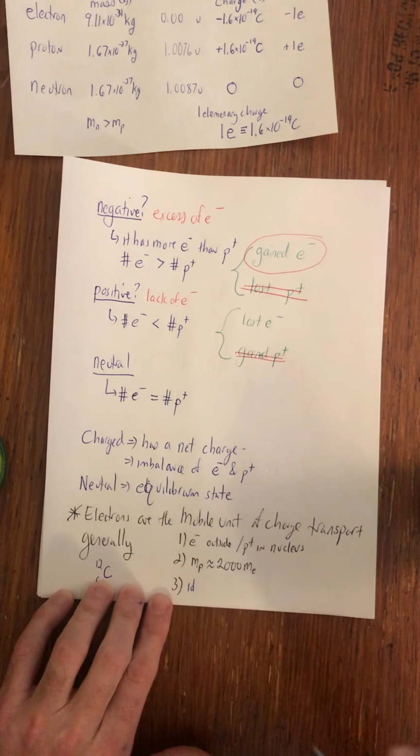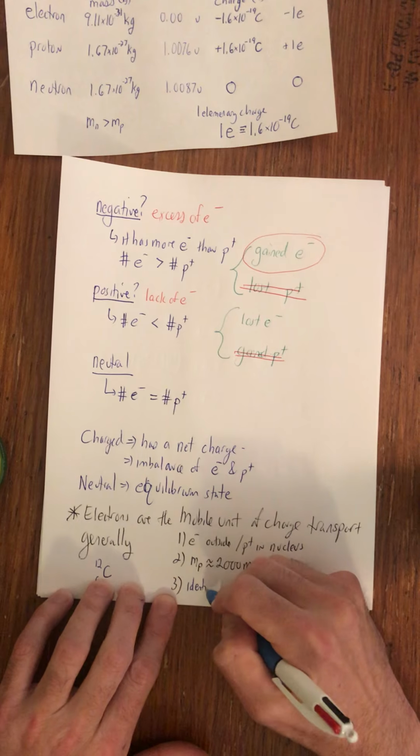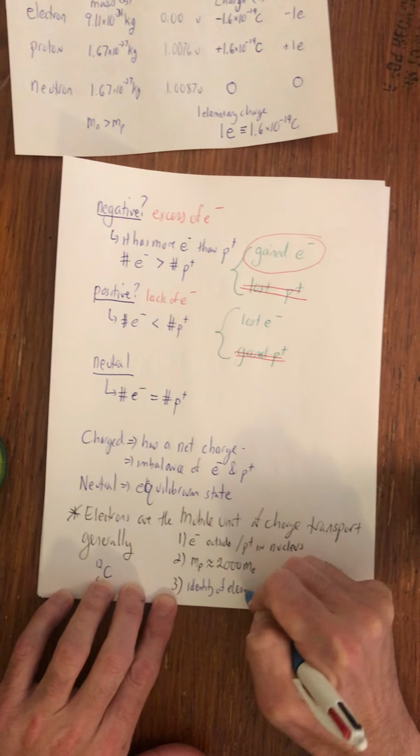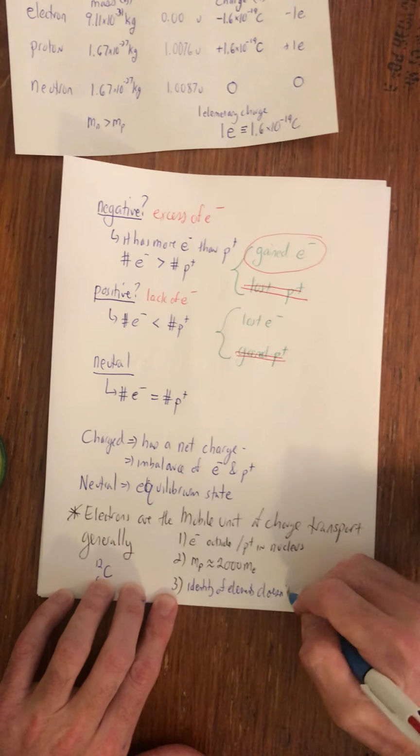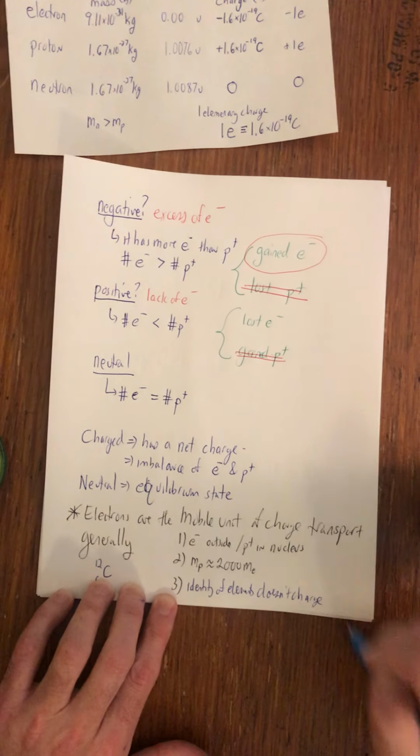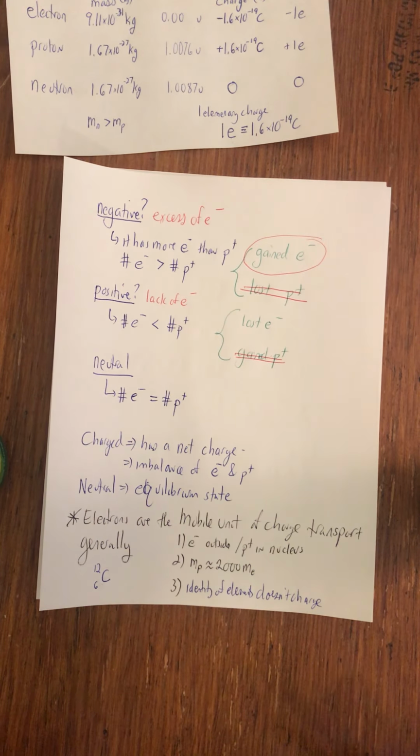We're not doing alchemy here, folks. So the identity of elements doesn't change during the charging process. And that's how I know that it's going to be electrons that are going to be moving around. So what is a charging process then?